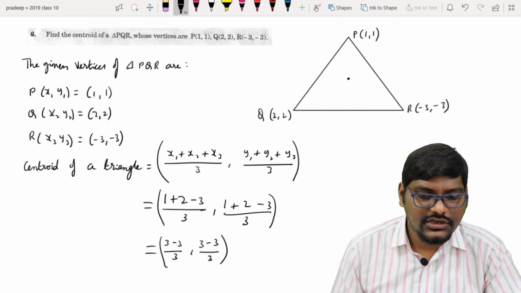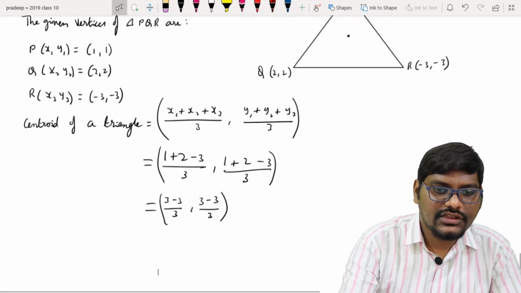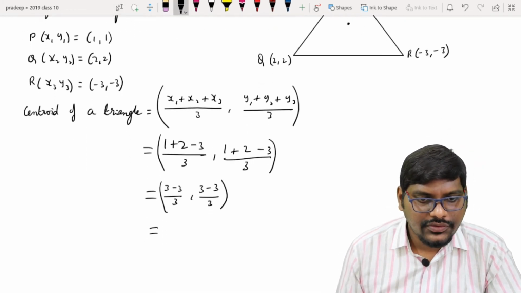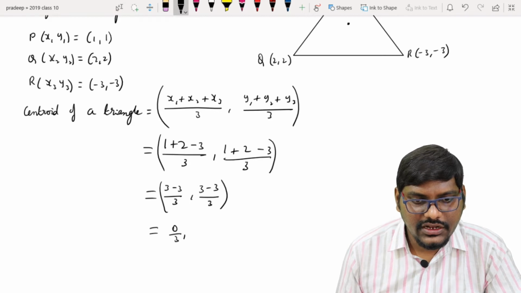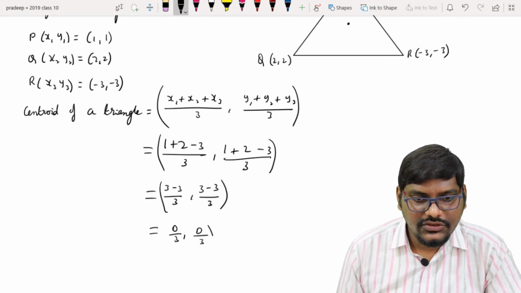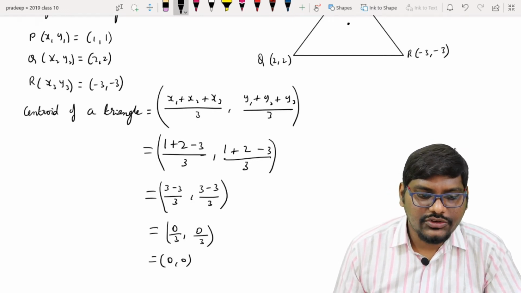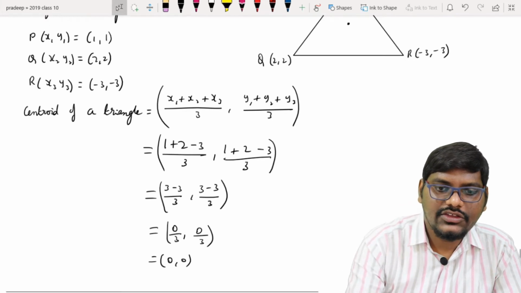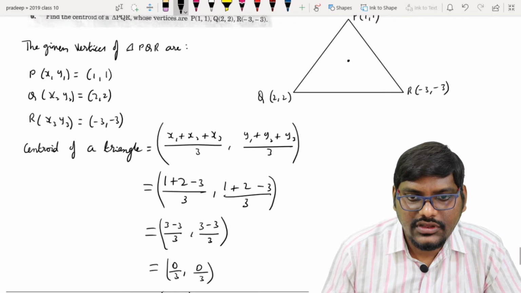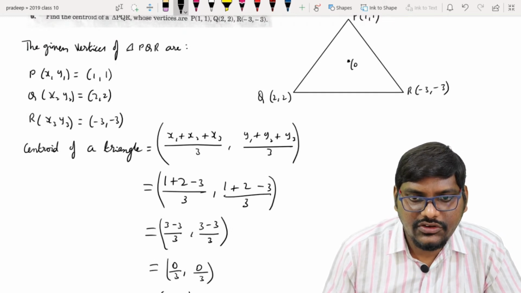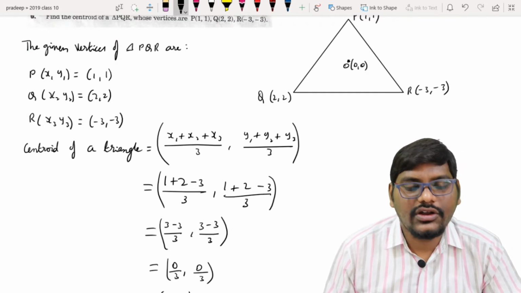So what do we get here? 3 minus 3 is nothing but 0, so 0 by 3, and here also 3 minus 3 is 0 by 3, which is nothing but 0, 0. So the centroid position is exactly at 0, 0. We can say it is the origin.